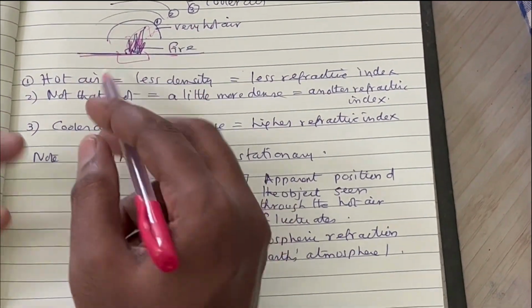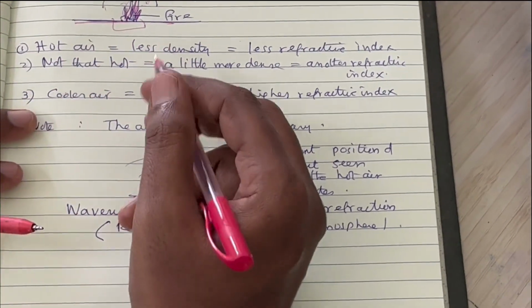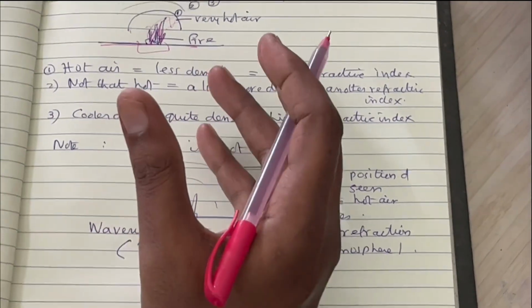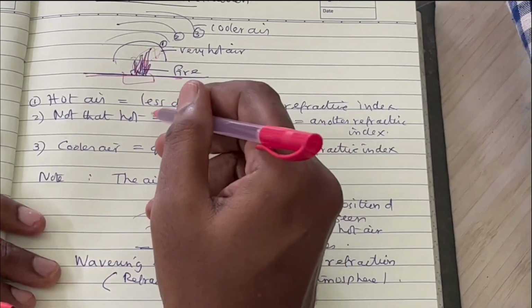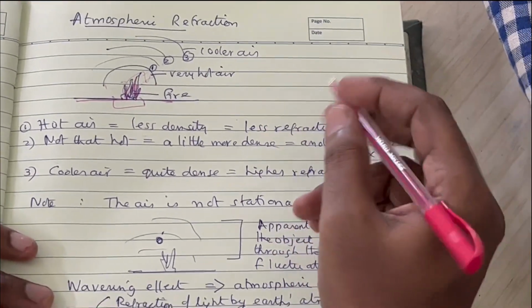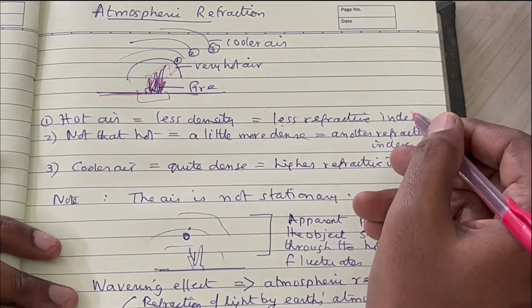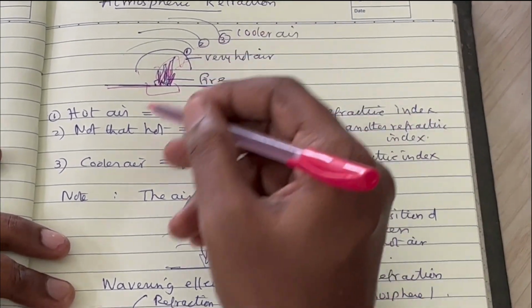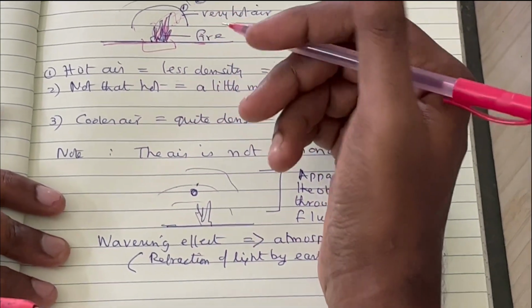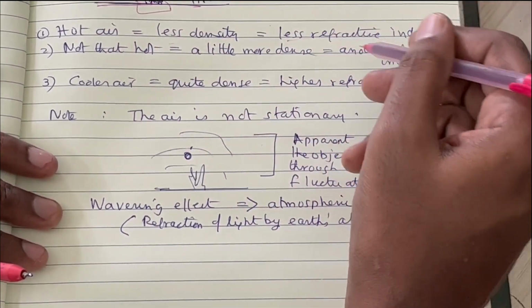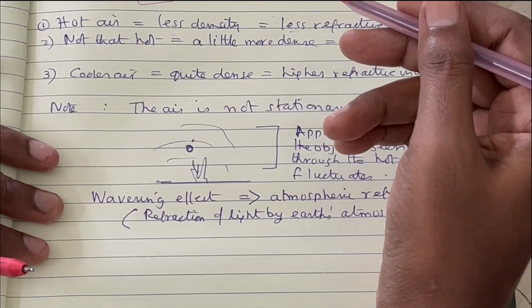So the physics is that hot air means the air molecules are fast, the intermolecular space is more, which means we are dealing with a lesser density, which leads to a lesser refractive index. At the second position it's not that hot, which means it's denser than the hot air, so the refractive index will be a little higher.